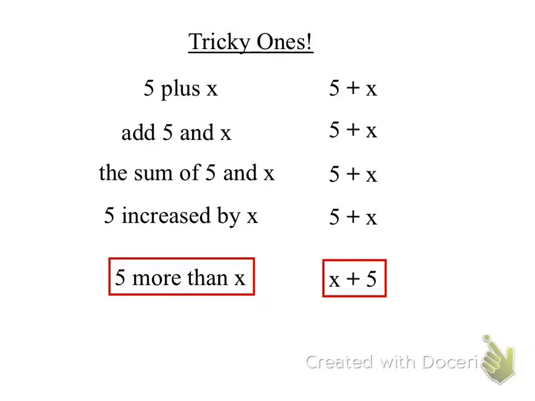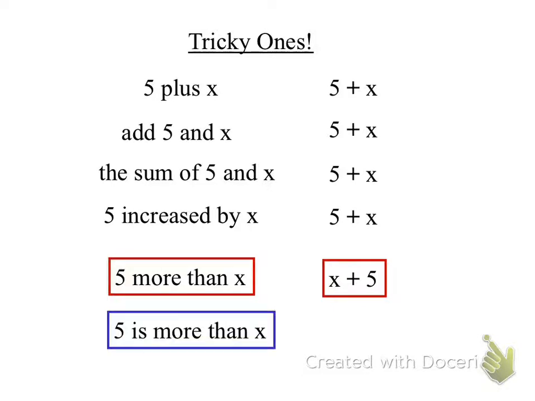Now, this one is different. What is this going to look like? This is not more than, but it is more than. Is more than. Josh, would that be a greater sign? Yes.